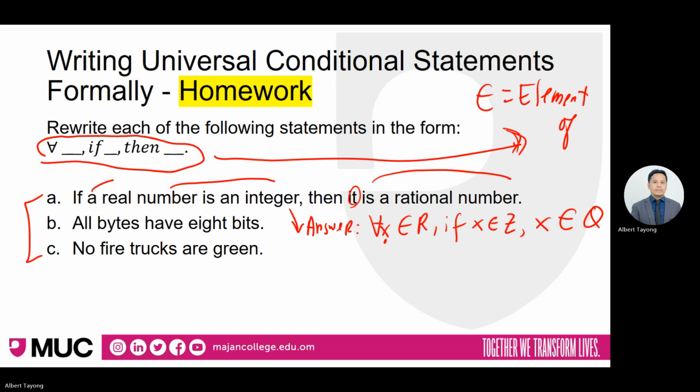For the second one, it's a bit different because we don't have two statements merged together. Here we have only one sentence: all bytes have 8 bits. So we cannot have this, but we can still follow the form. For all x, then comma directly, because we have only one sentence.